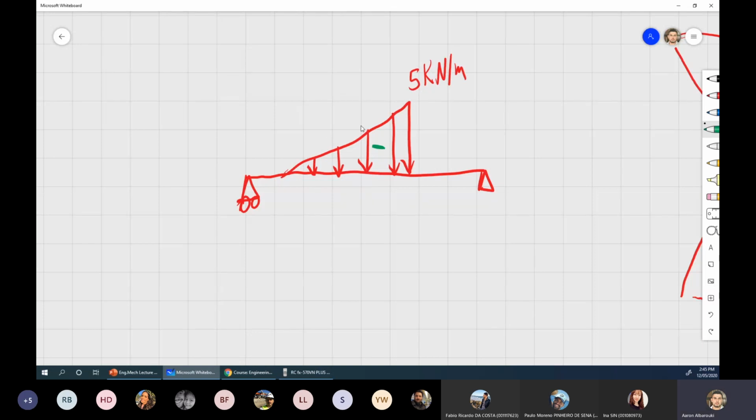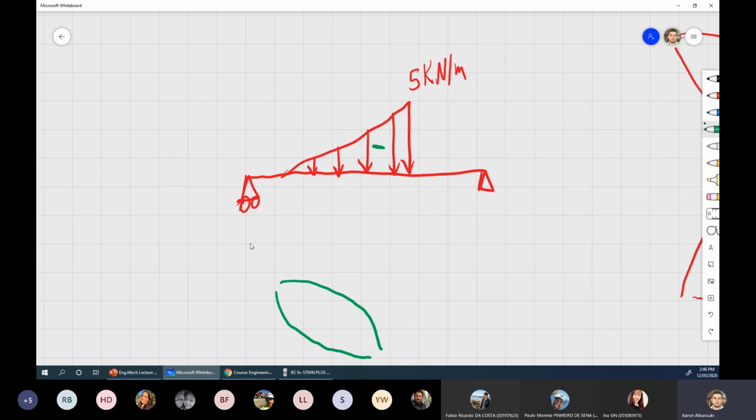This is already a line on a slope. Line with a slope. That means the shape should be a parabola here for sure. All I know now is it's a parabola going down. This could be the case, or this could be the case. These are the two cases we have at this point.